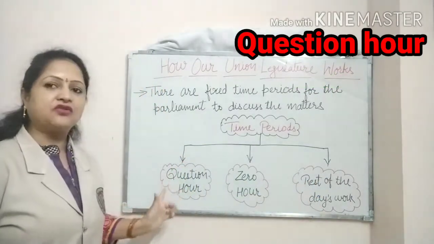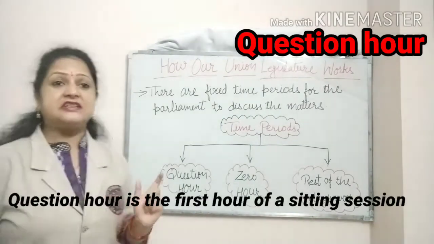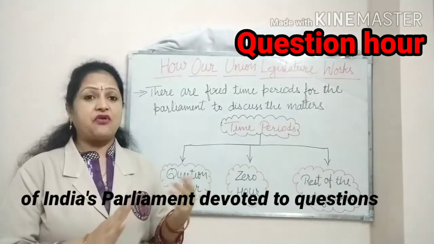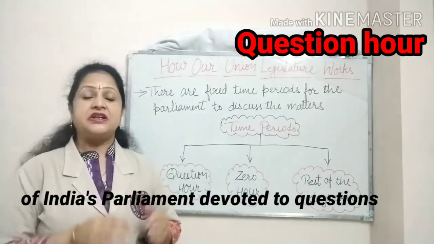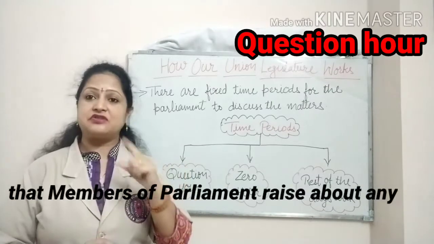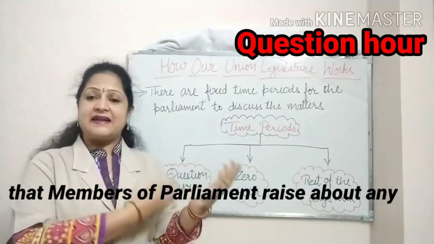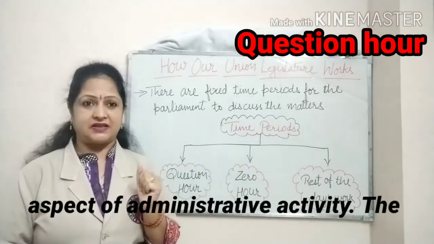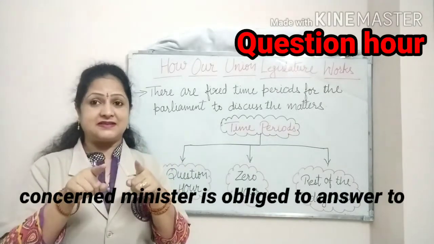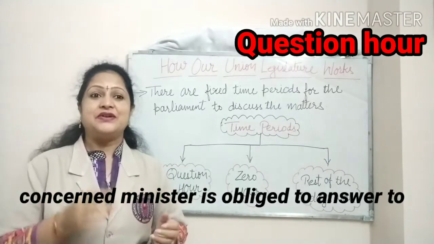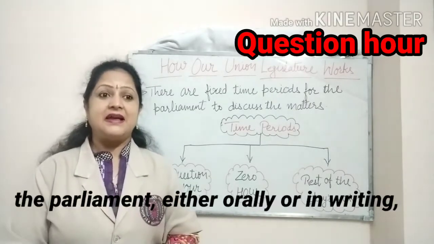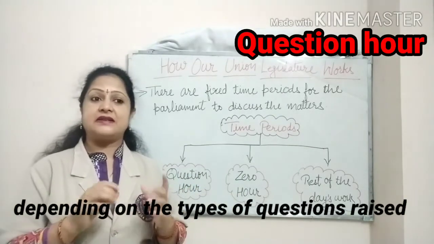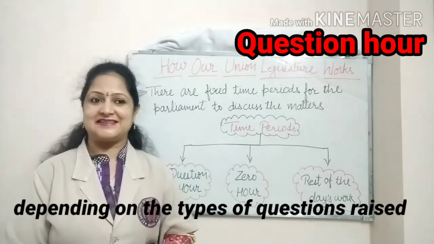So first of all, question hour. Question hour is the first hour of a session of India's parliament, devoted to questions that members of parliament raise about any aspect of administrative activity. So the concerned minister is obliged to answer to the parliament either orally or in writing, depending on the types of questions raised.